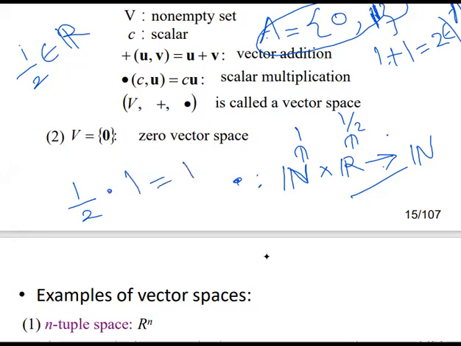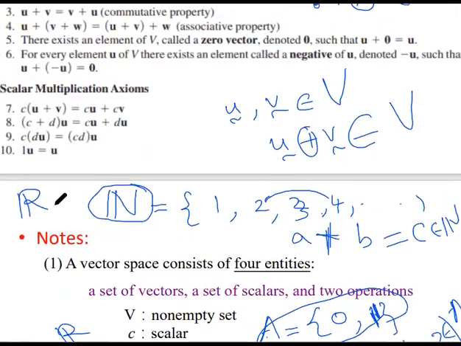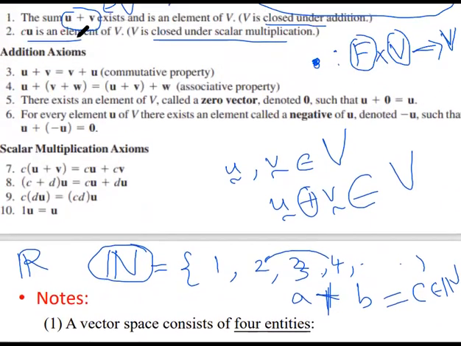What do you get? 1/2. Oh my God, this does not belong to your original N. So this is not true. That means this set is not closed under scalar multiplication.